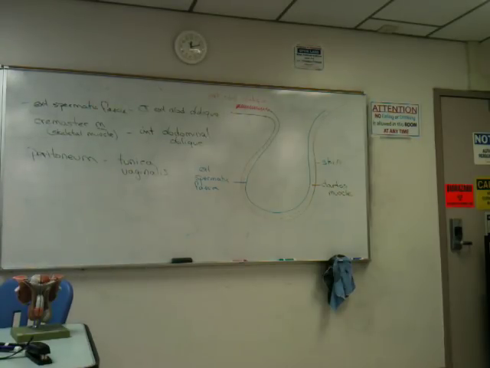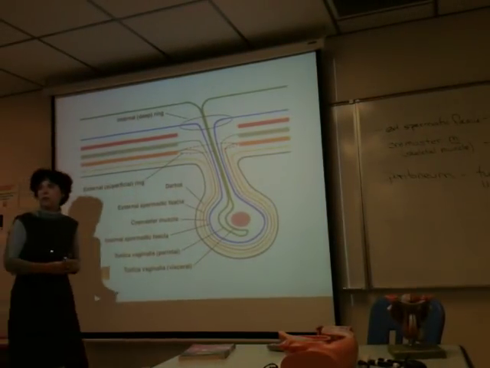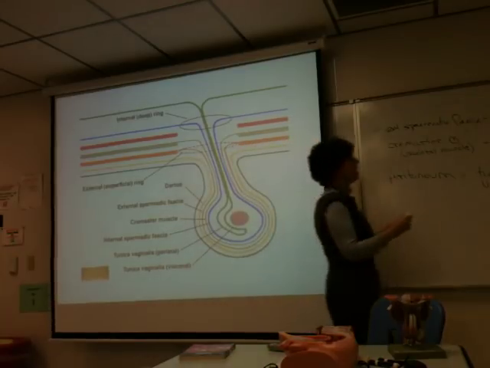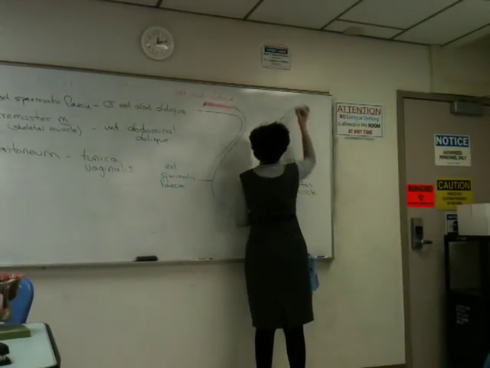This would be the internal abdominal oblique, and its fibers do completely extend into and surround the testis.